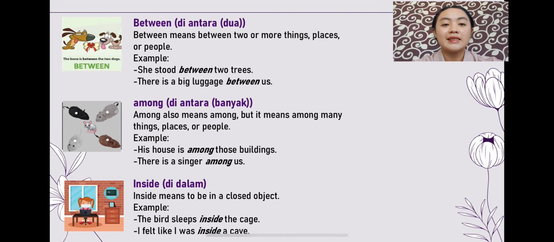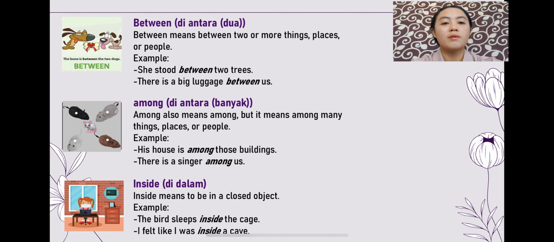Number 11, between. Between means between two or more things, places, or people. For example, she stood between two trees. Number 2, there is a big gap between us.